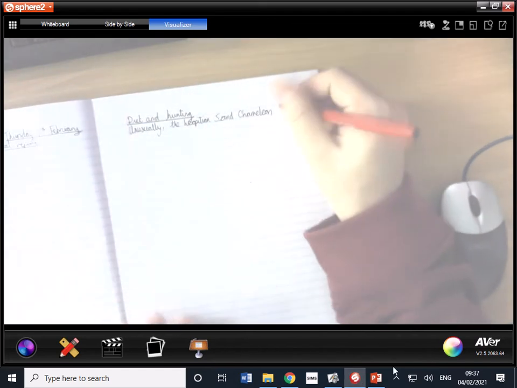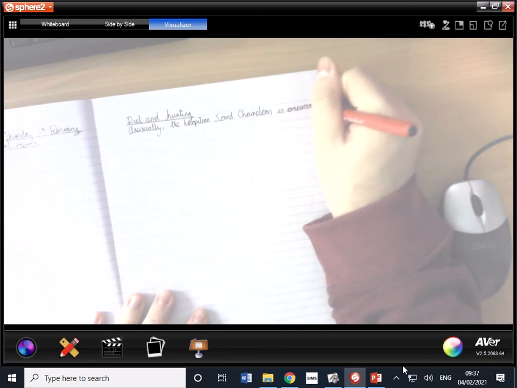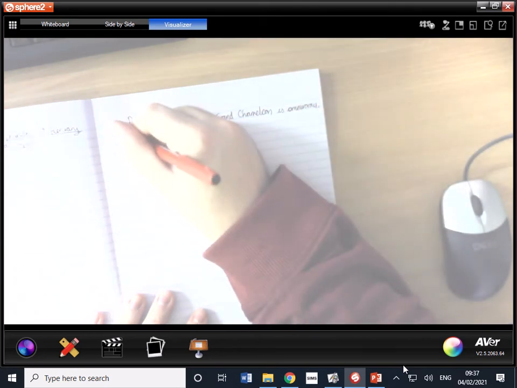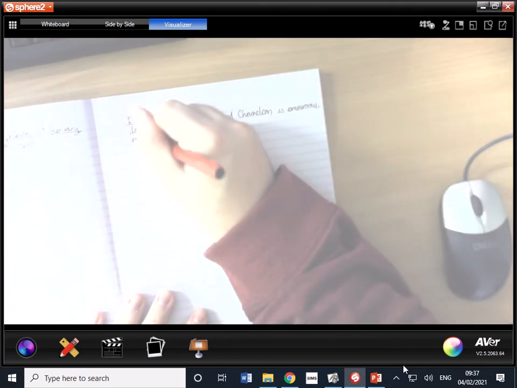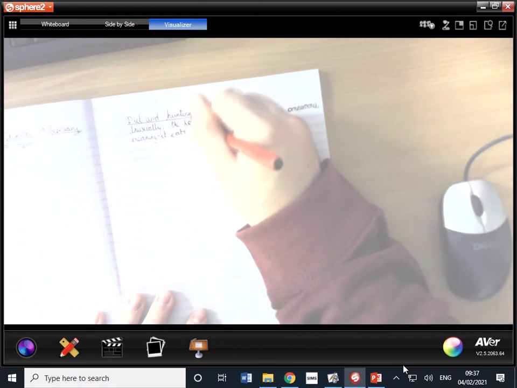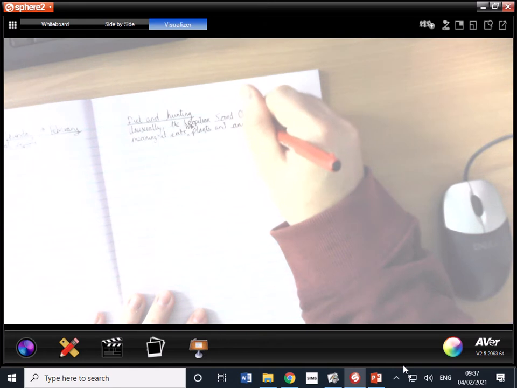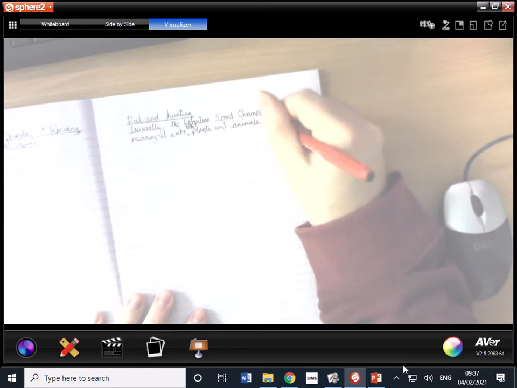So unusually, the Leopitian sand chameleon is omnivorous. Omnivorous, comma, meaning it eats both plants and animals. Full stop.